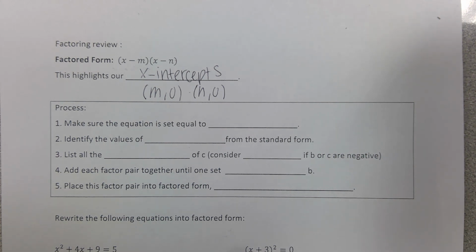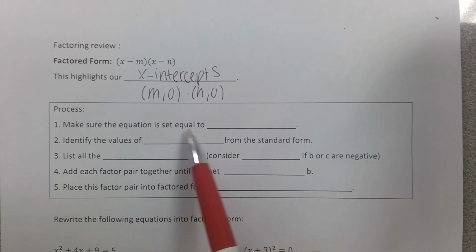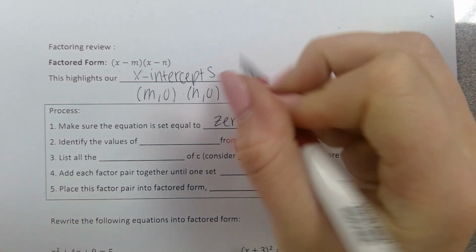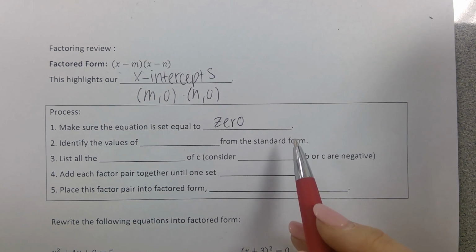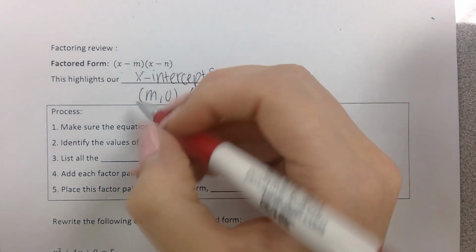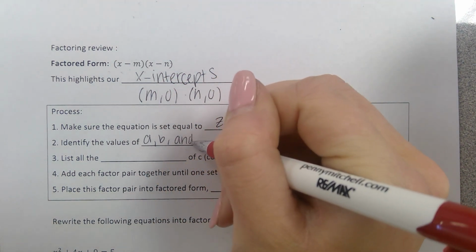So now we're going to talk about how we're going to get into factored form. First things first, we need to make sure our equation is set equal to 0. Our equation has to be set equal to 0 for us to start this process. From here, if we're in standard form, we need to find our values of a, b, and c.